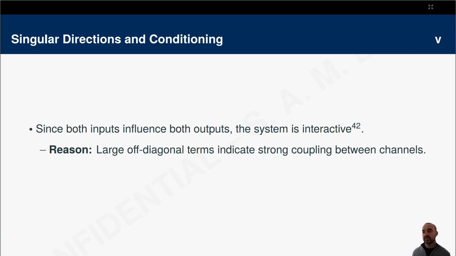Large off-diagonal terms indicate strong coupling between channels. The larger the off-diagonal terms are, the stronger the coupling between channels. The diagonal terms essentially relate each input to its corresponding output, but off-diagonal terms indicate strong coupling between channels.